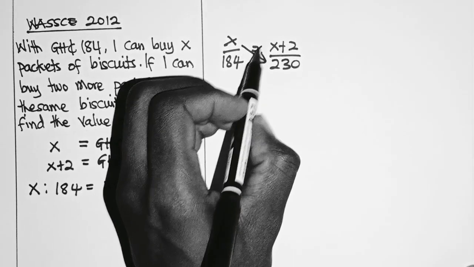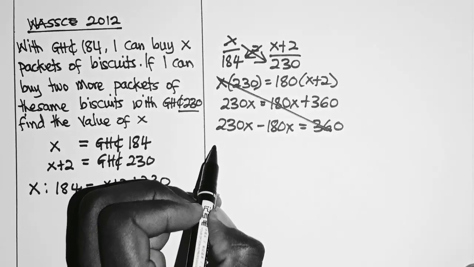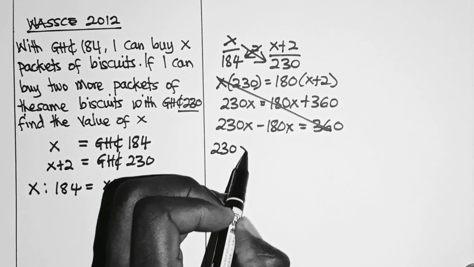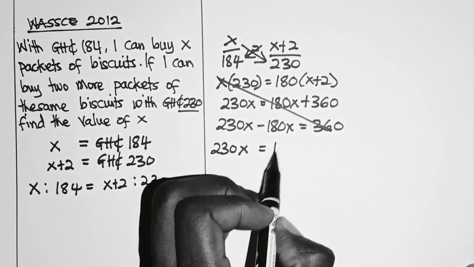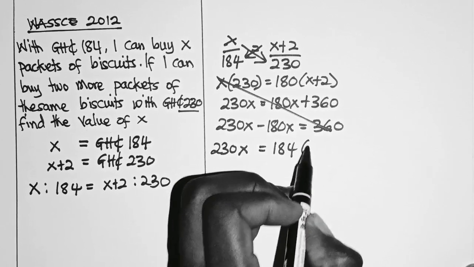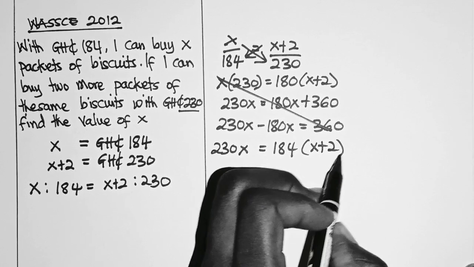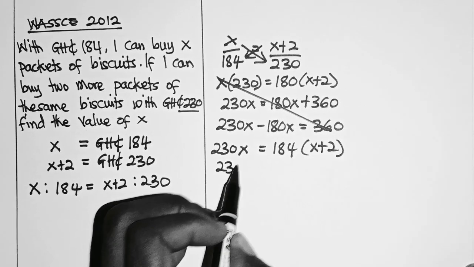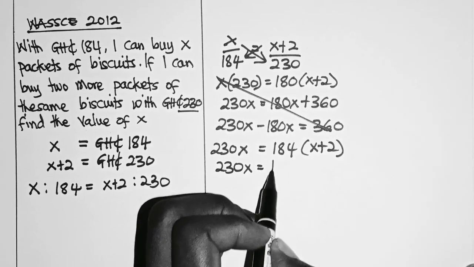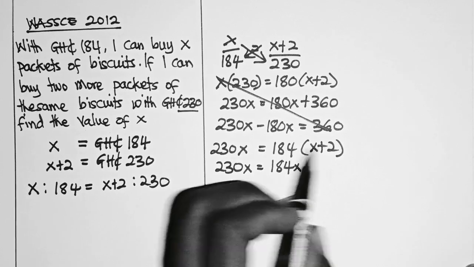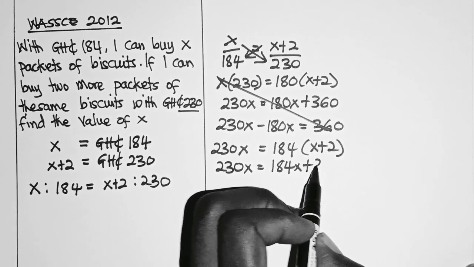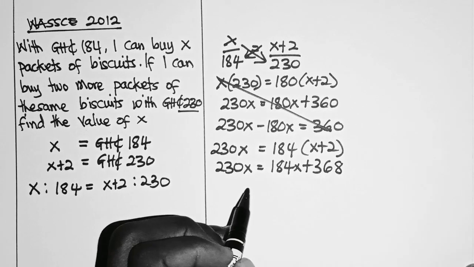So let's cross multiply. Now we have 230 times x equals 184 times (x plus 2). So we get 230x equals 184x, then 184 times 2 is 368.